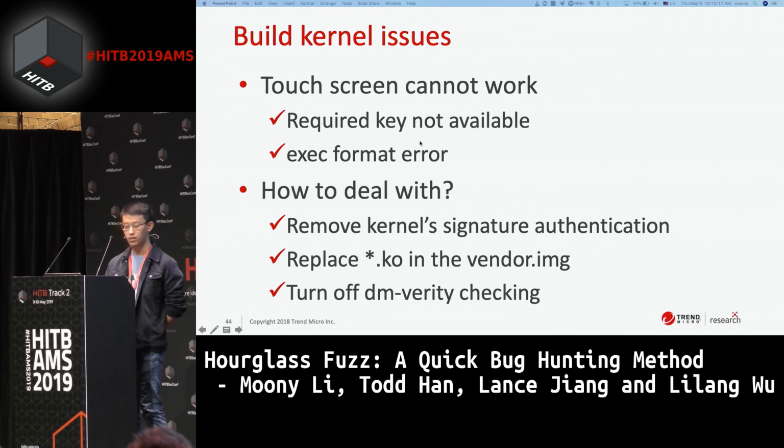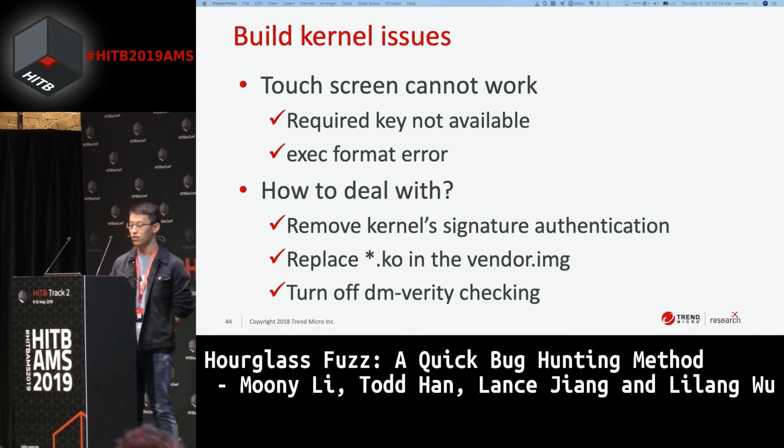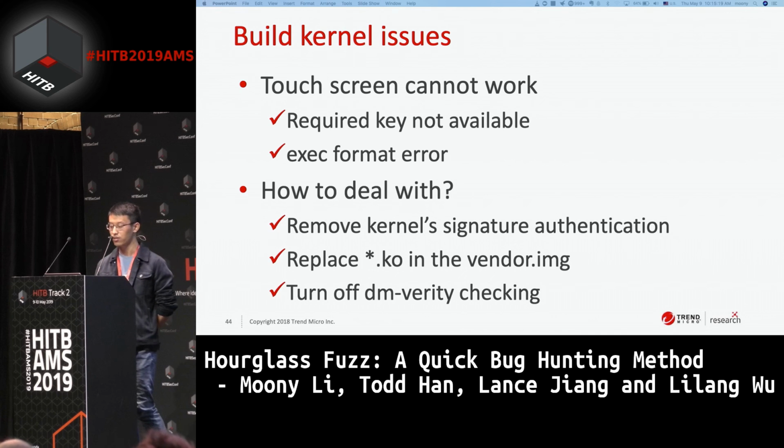When we flashed the kernel with the sanitizer into the Pixel 3, the touch screen didn't work. When compiling the Android source code, we found that all the replaced ko files are repackaged into the vendor directory, but no new vendor.img file is generated.